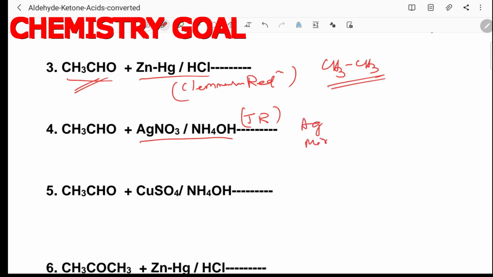Along with it, the aldehyde will convert to the corresponding acid; because it is acetaldehyde, it converts to acetic acid. So this is a very important test of aldehyde: when aldehyde reacts with Tollens reagent, it forms a silver mirror. The main product is the silver mirror.